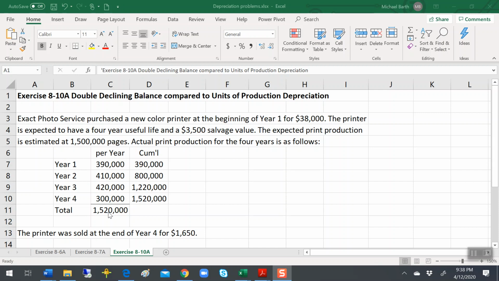1.5 million images. What happens with these depreciation systems is you don't depreciate below the salvage value anyway.